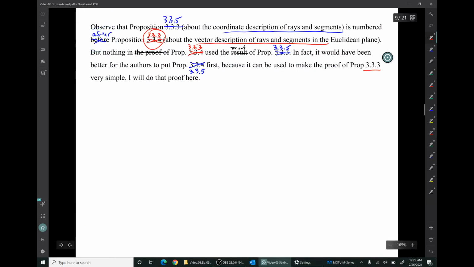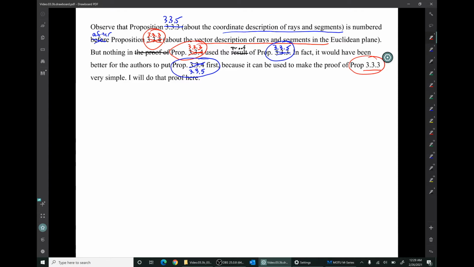But nothing in proposition 3.3.3 got used in the proof of 3.3.5. And in fact, it would have been better for the authors to put 3.3.5 first, because it can be used to make the proof of proposition 3.3.3 simple.